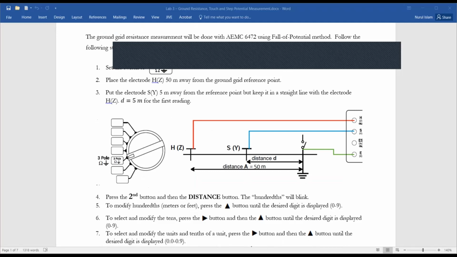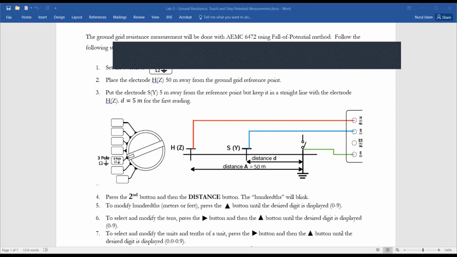We put an auxiliary electrode, and that electrode should be connected to this H terminal. Okay, and this E earth terminal will be connected to the object. What is our object? The object is our grounding grid.